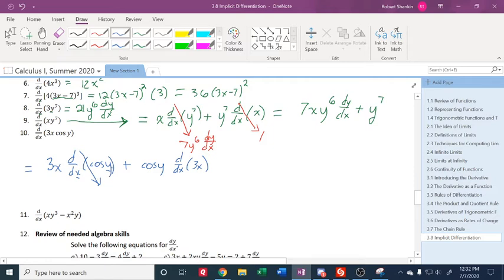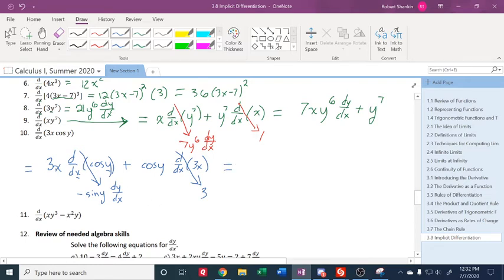The derivative of cosine of anything is the negative sine of that thing. And then, because these didn't match, you have to tack on dy dx. The derivative of 3x with respect to x is just 3.